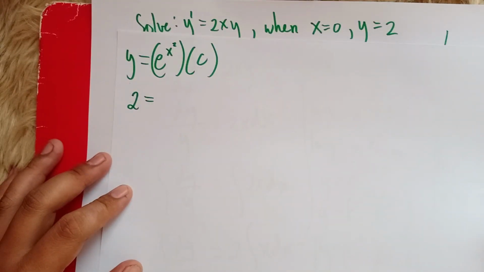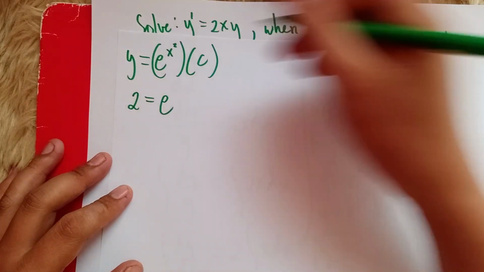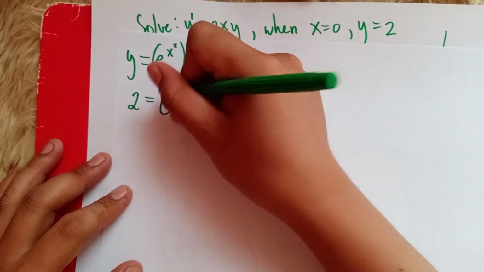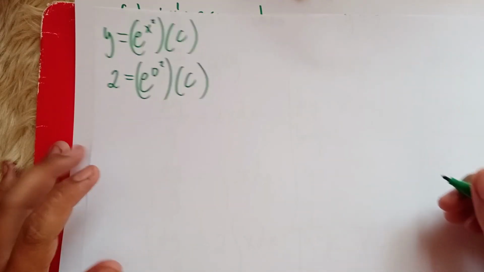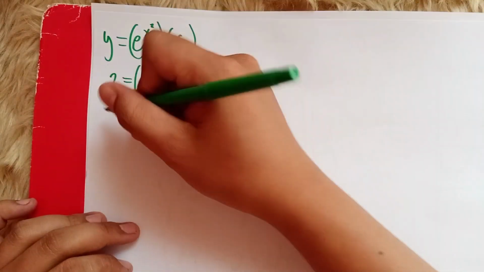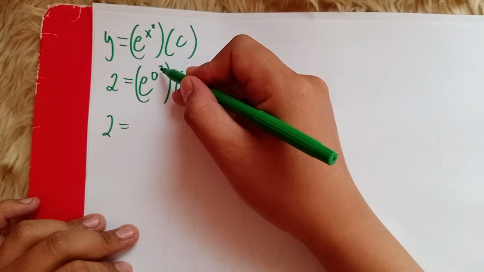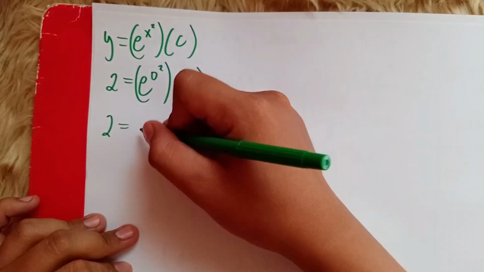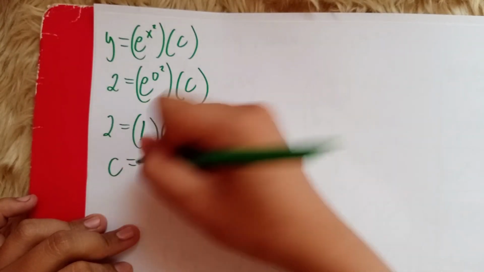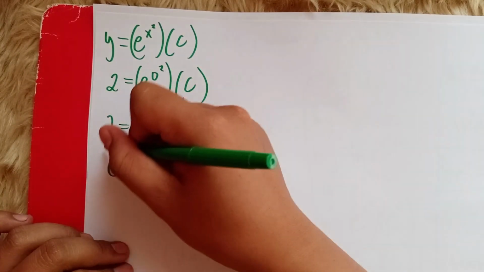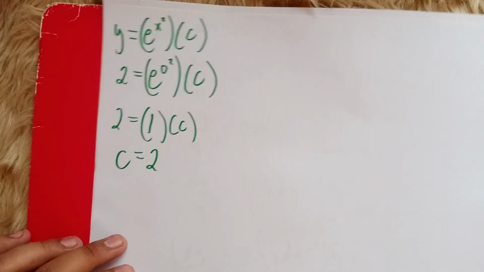So, we have 2 equals e. So, our x is 0 raised to 2 times c. Okay? Next, simplifying, we have 2 equals 0 raised to 2 is 0. So, any number raised to 0 is 1 times c. So, this now c is equal to 2. Okay? So, our c equals 2 na mga boss.